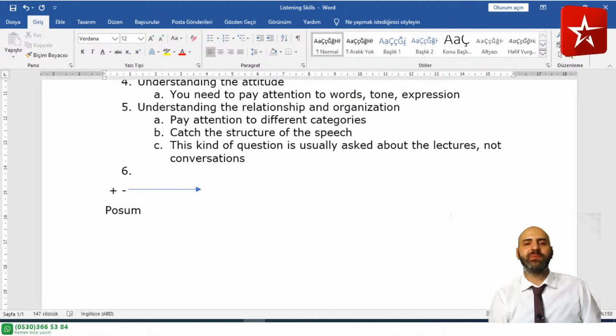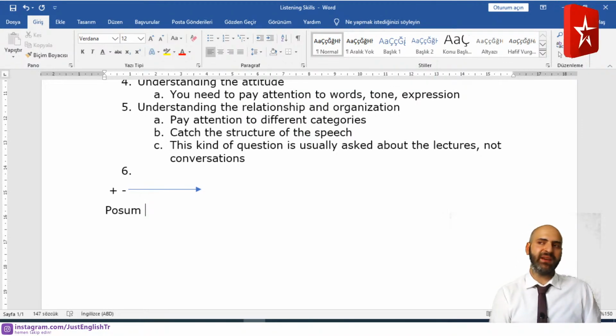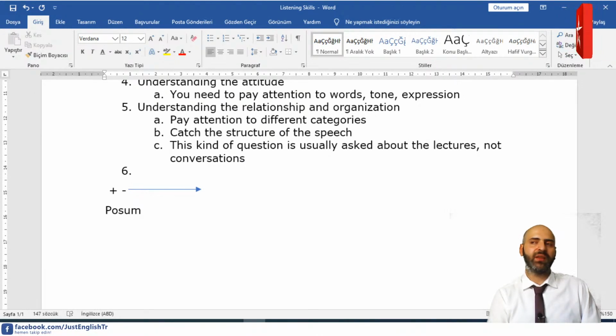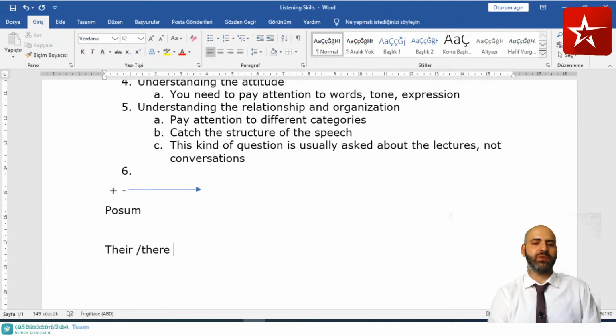One thing that you need to pay attention to in listening and taking notes is, of course, homophones and homonyms. Homophones and homonyms are words which have the same pronunciation but different meaning, sometimes the same spelling, sometimes different spelling. For example, if you hear "there", it can be this one or it can be this one also.